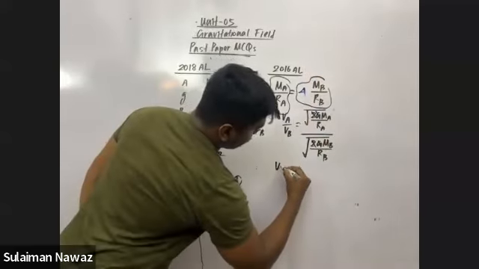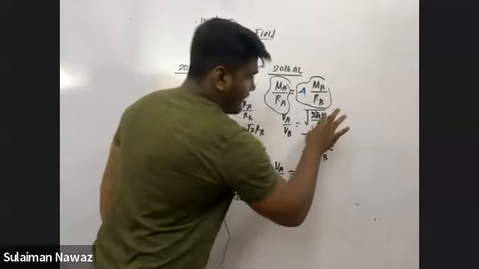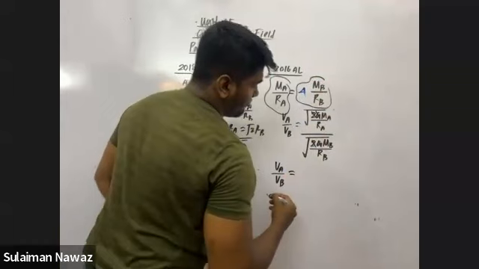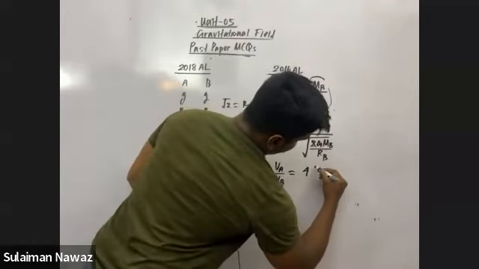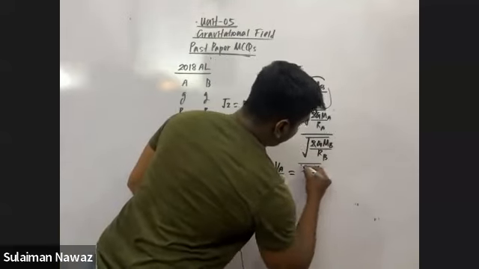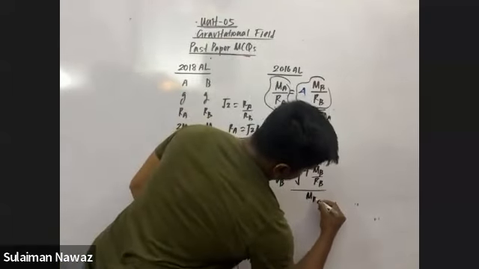Then VA over VB equals, instead of MA over RA, I can write 4MB over RB, whole root, over root of MB over RB.